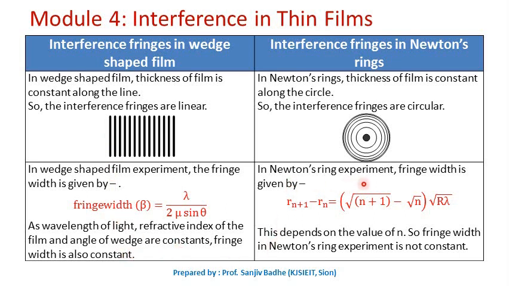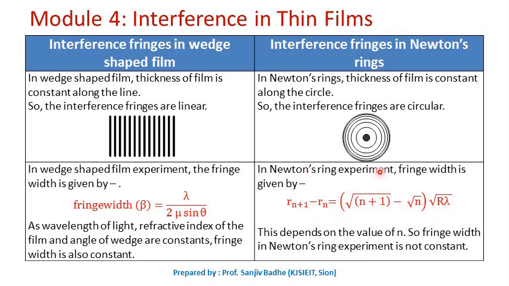In case of Newton's ring experiment, fringe width is given by Rn+1 minus Rn, where Rn is the radius of the nth dark ring and Rn+1 is the radius of the (n+1)th dark ring. So this fringe width in Newton's ring experiment is equal to square root of (n+1) minus square root of n, into square root of Rλ.